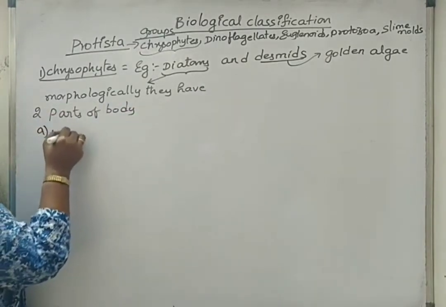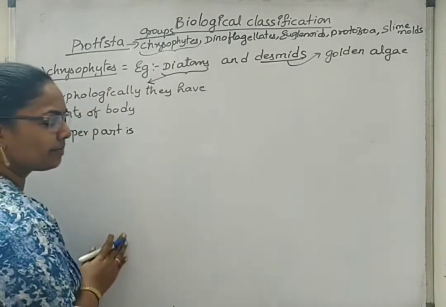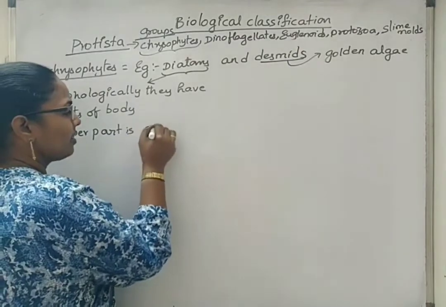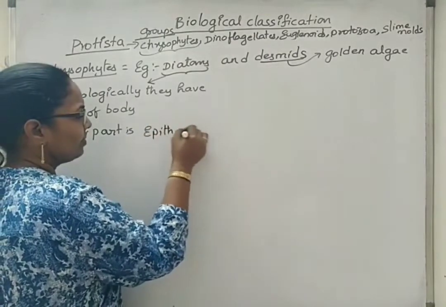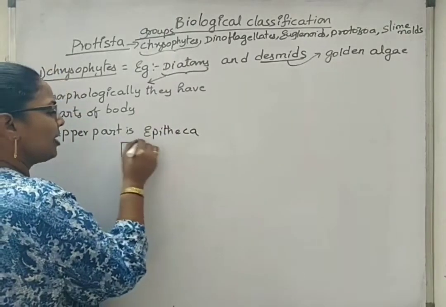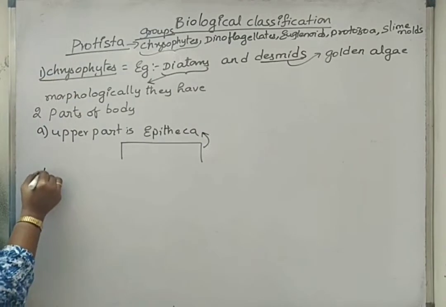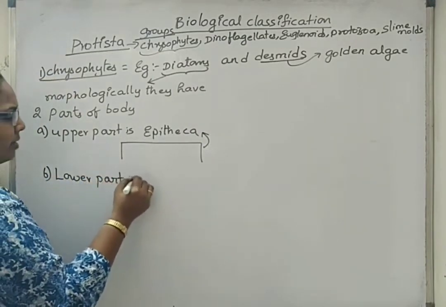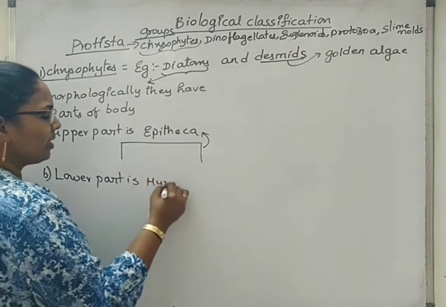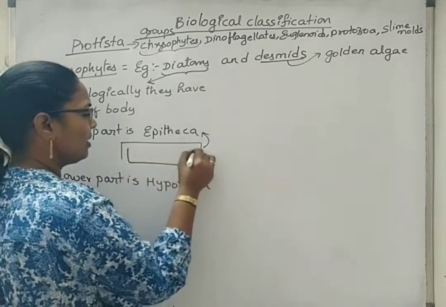First, the upper part is epitheca. This shape is like this. Second, the lower part is hypotheca. This shape is like this.